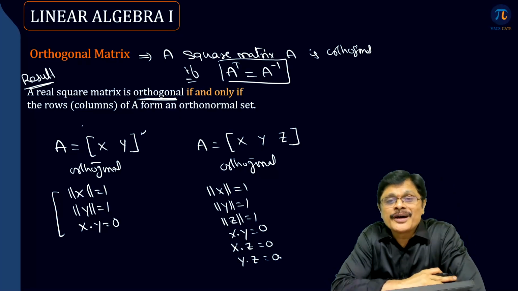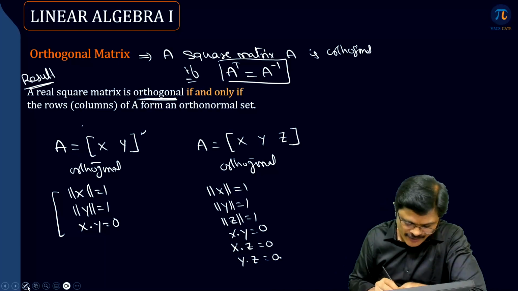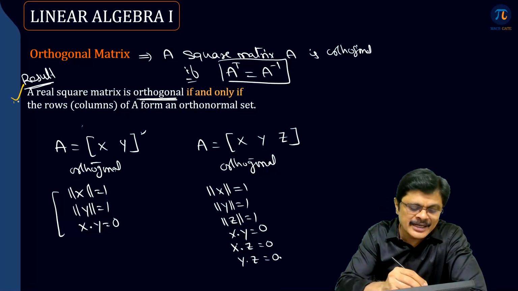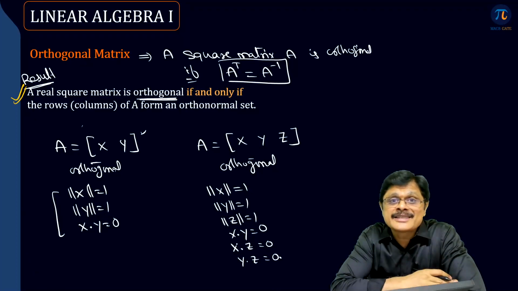So this is about the orthogonal matrix. And how to identify whether the matrix is orthogonal or not? Just verify whether the columns or the rows form an orthonormal set or not. This is one of the beautiful, powerful results, and there were 2 to 3 GATE questions based on the same result.